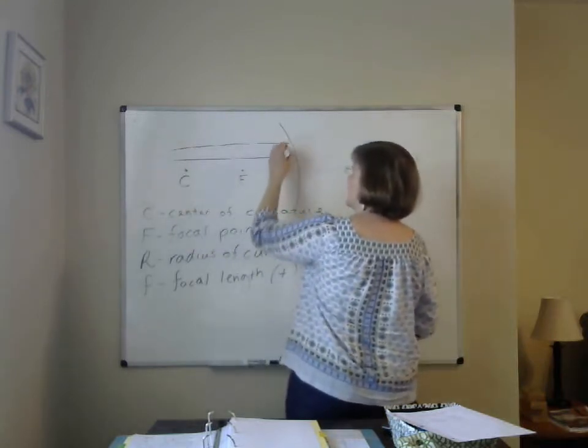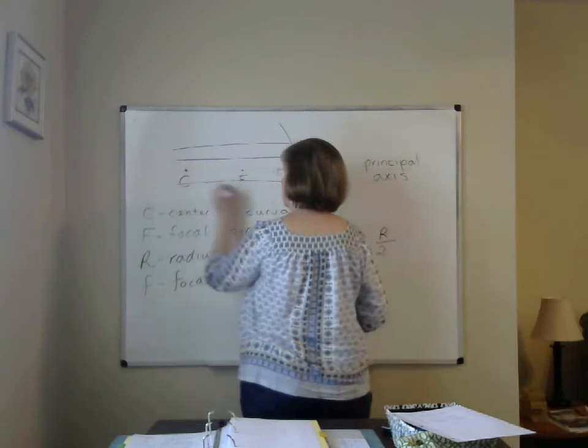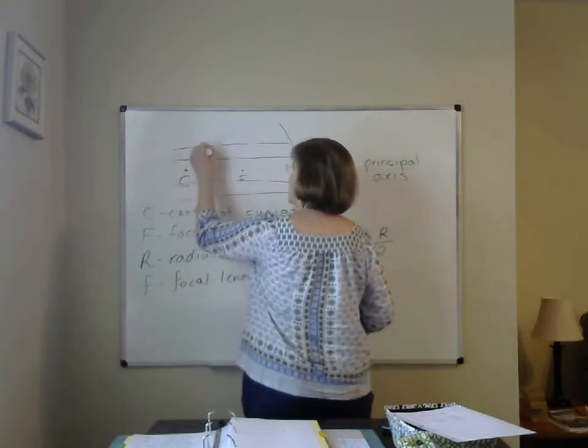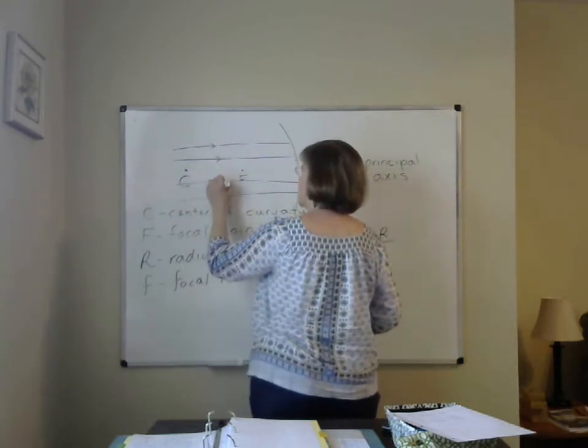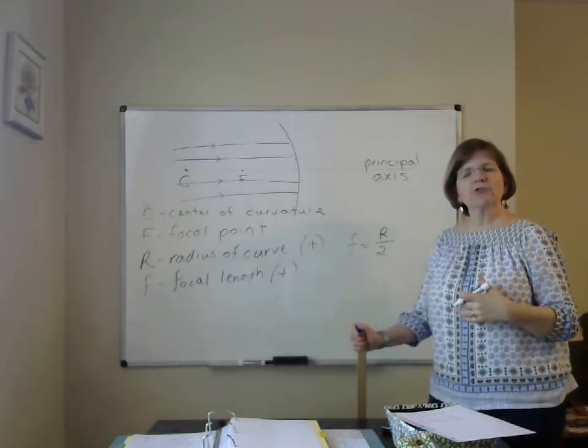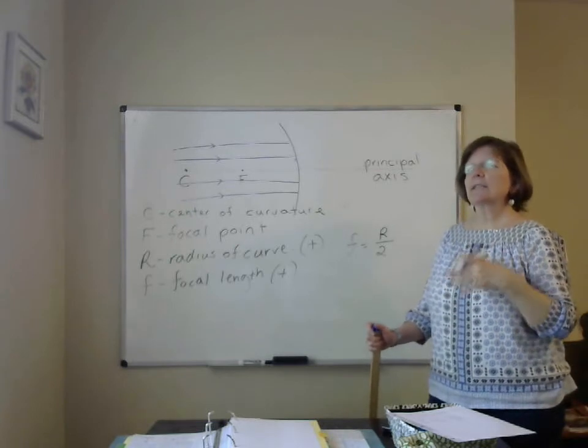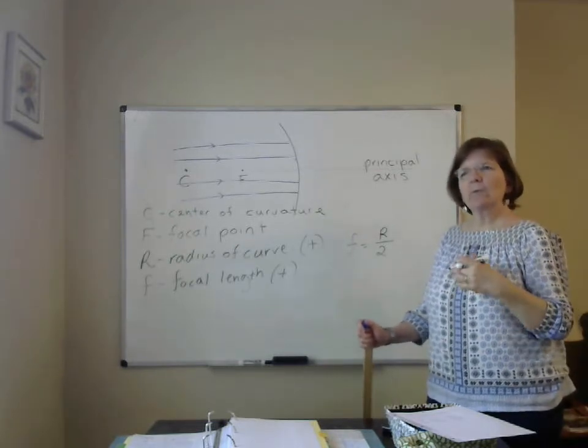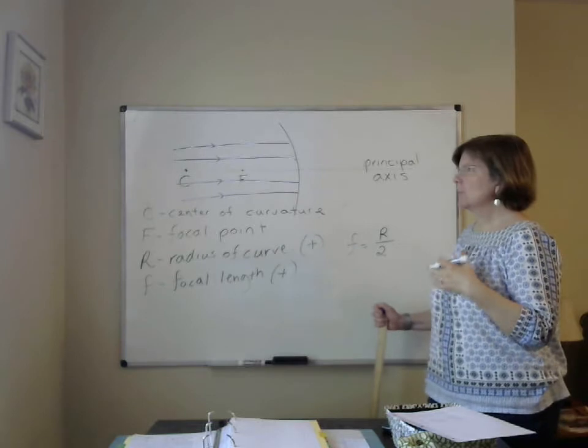By perfectly parallel, I mean I'm eyeballing it. So if I have parallel rays coming in, and a really good source for parallel rays is actually the sun, because the sun is so far away from us, any rays that reach us are for practical purposes parallel.